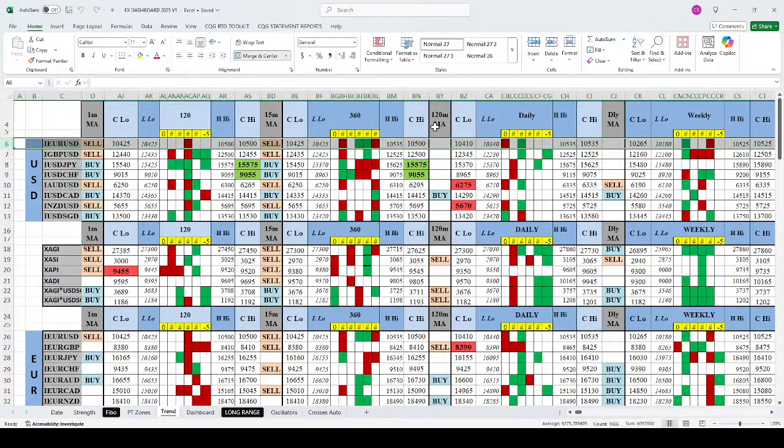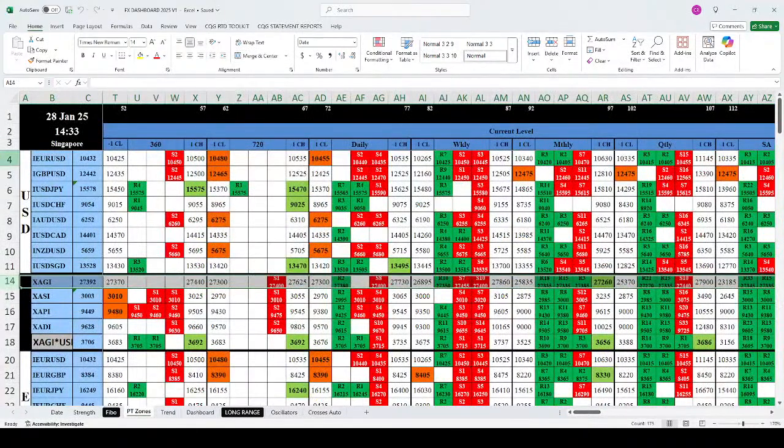The 2 hours strength is flat, and we have the 15-minute pointing down, which means we should see the move down and it should be limited. These are the informations we are deriving from the trend map and trend directions.